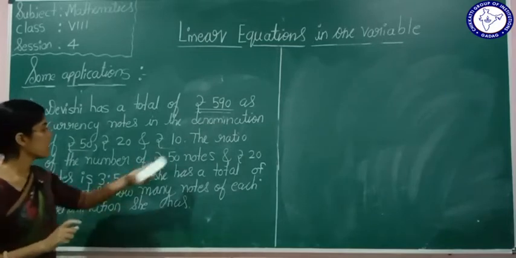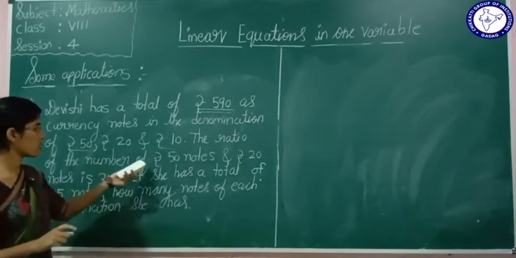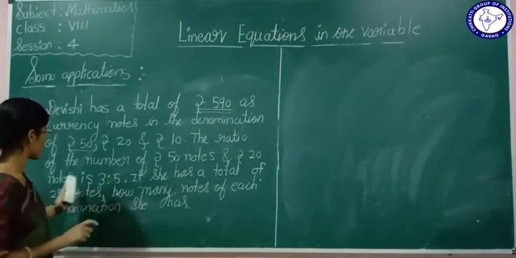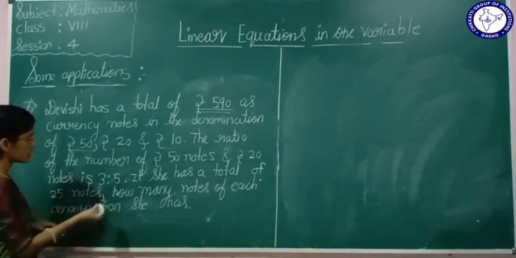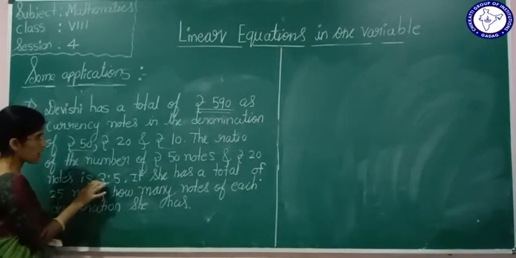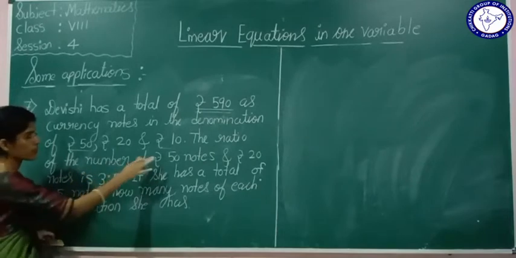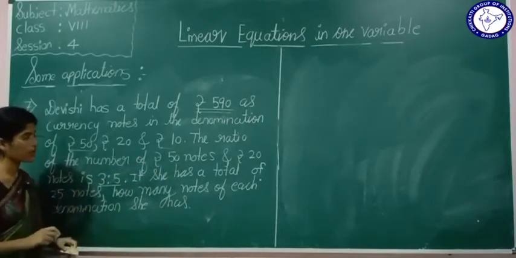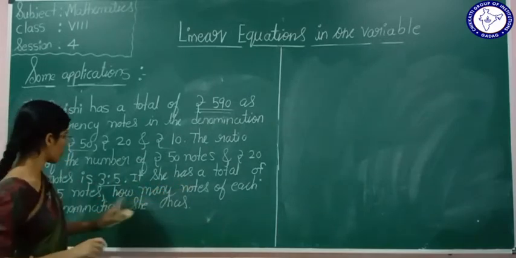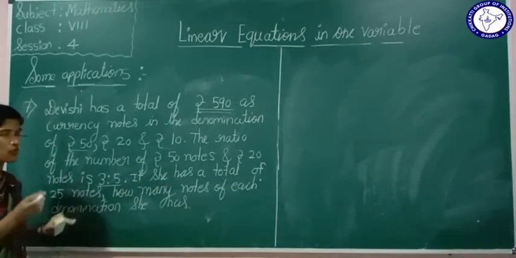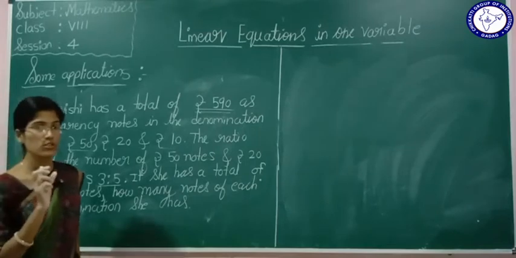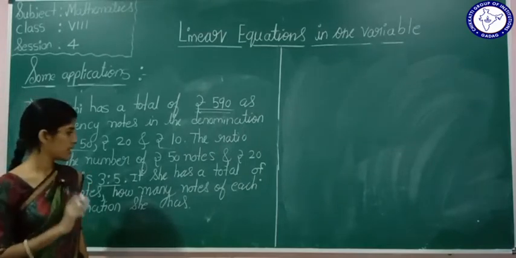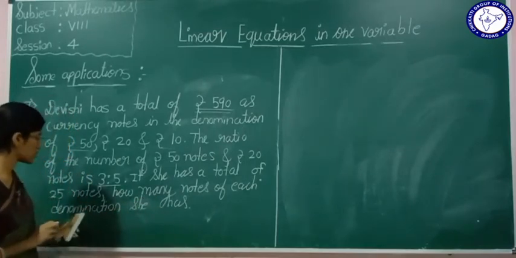The ratio of the number of rupees 50 notes and rupees 20 notes is given. If she has a total of 25 notes, how many notes of each denomination does she have?